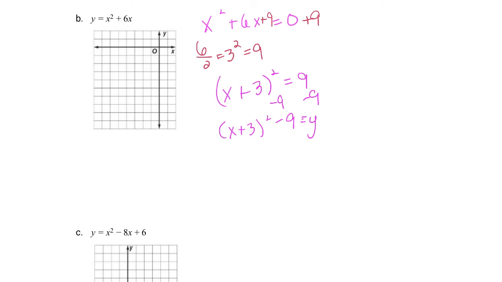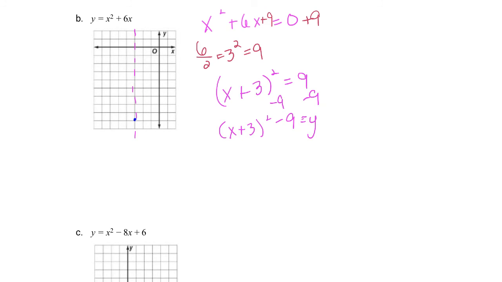Now we can graph. X minus h, remember? So if x plus 3 is what we have in the parentheses, that means our axis of symmetry is at negative 3. So we go left 3, 1, 2, 3, and we make a little dashed line. The vertex is at negative 9, so we go down 9. 1, 2, 3, 4, 5, 6, 7, 8, 9.